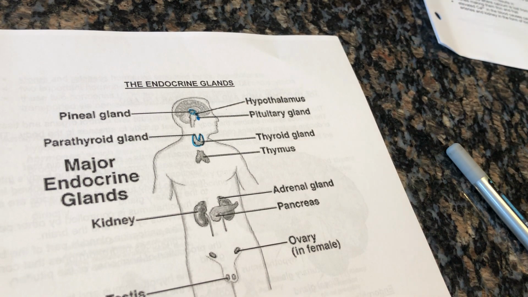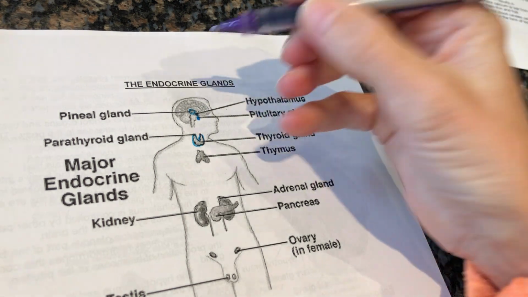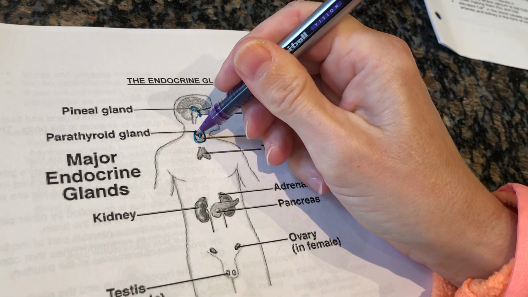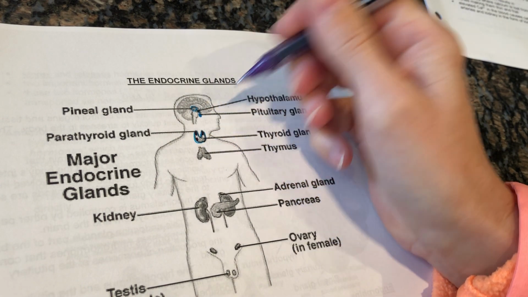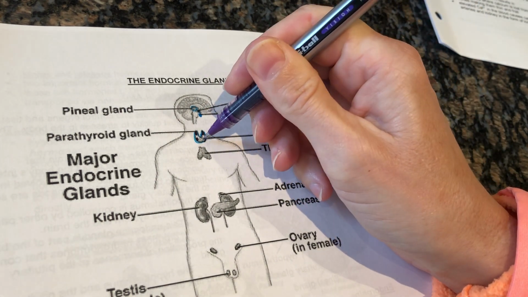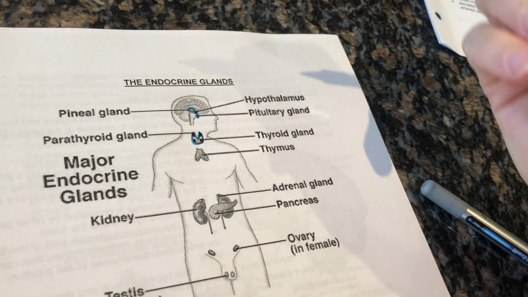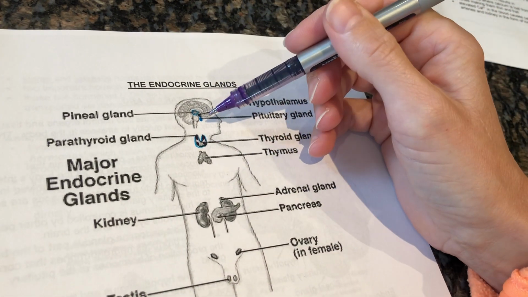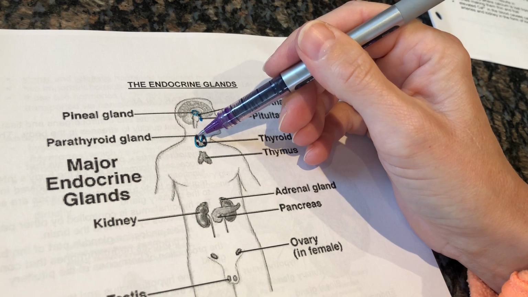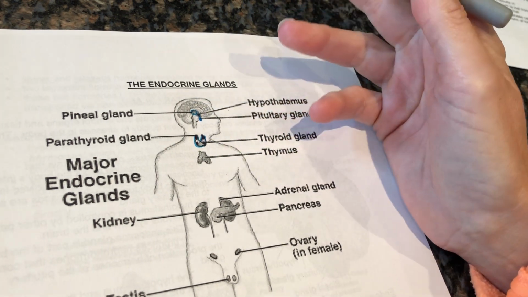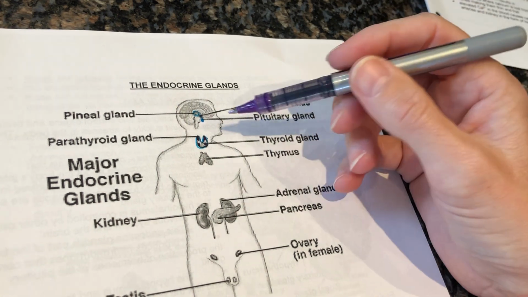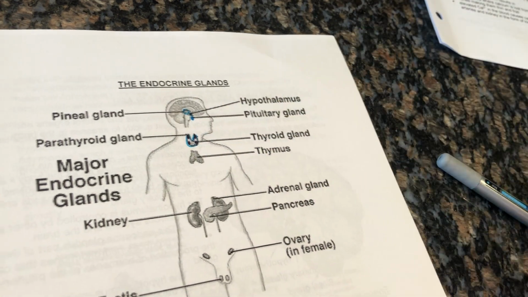So I've got my purple pen, and you don't have to use a different color, but I'm drawing them in for you. You will have usually, I'm saying usually, 4 parathyroid glands. So 1, 2, 3, 4. Some people only have 2. They function just as well as somebody who has 4, but like little blisters popping up there.